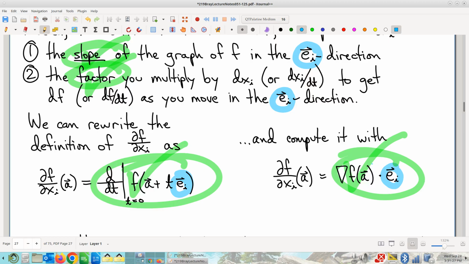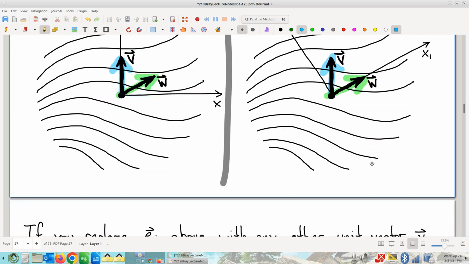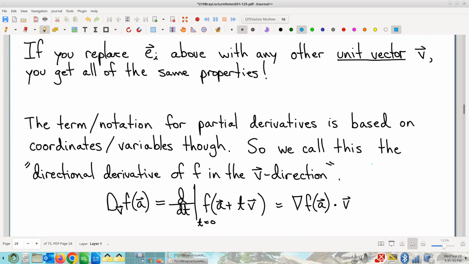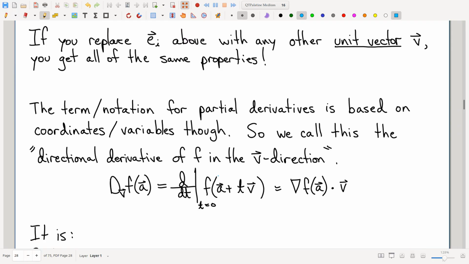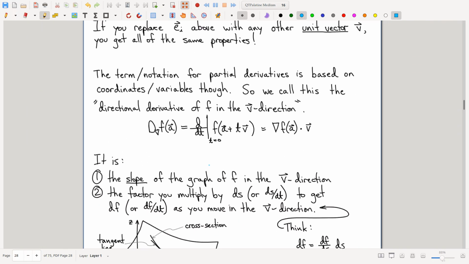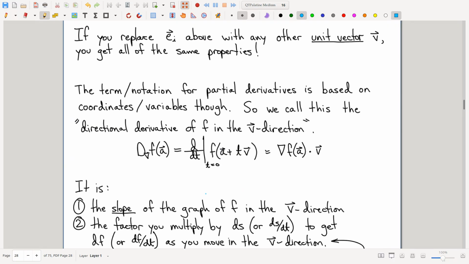These four things in green are always going to be equal to each other for any unit vector. So the big idea then is, well, let's just use a different name to represent these things. Let me do it like this. Pick any unit vector you like. Whatever. Go crazy. Any unit vector at all.